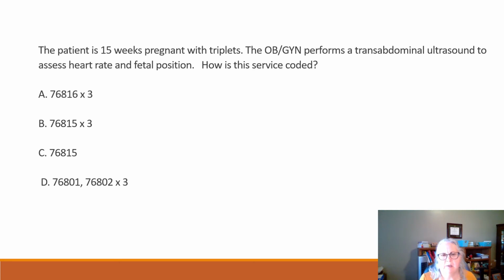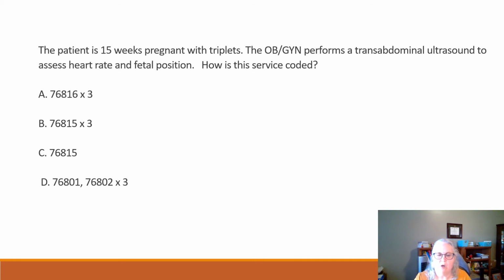I don't see anything about previous scans or being a follow-up, so I can pretty well throw out 76816, which would be A. Then you have 76801, which is trans-abdominal approach, but it says first trimester, less than 14 weeks, so that would not apply. Now we are throwing out A and D.